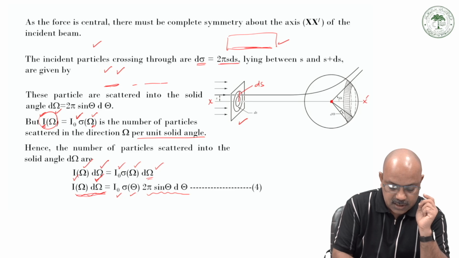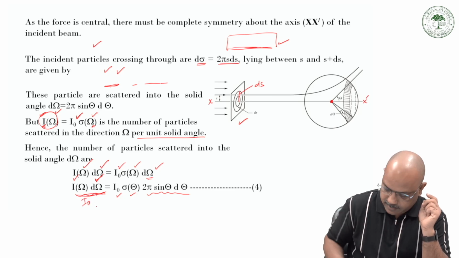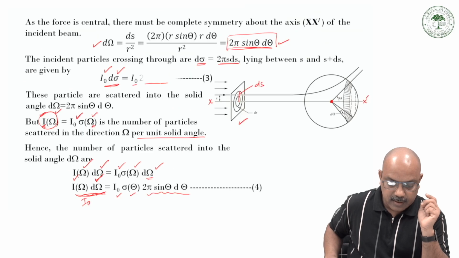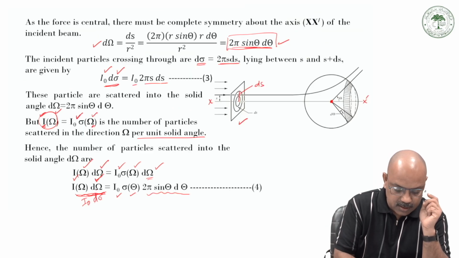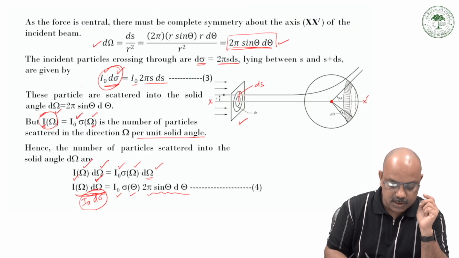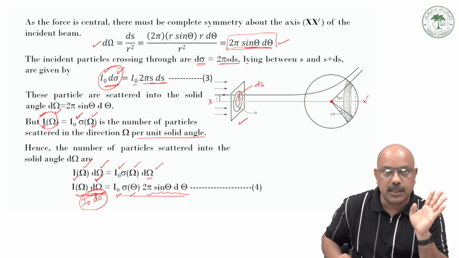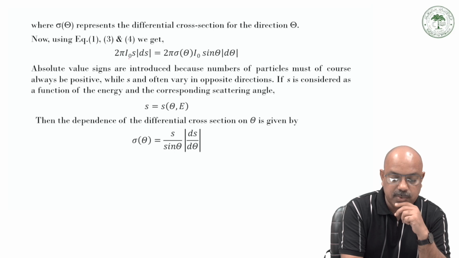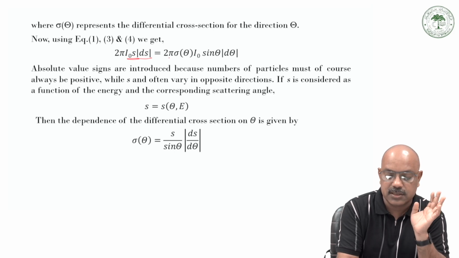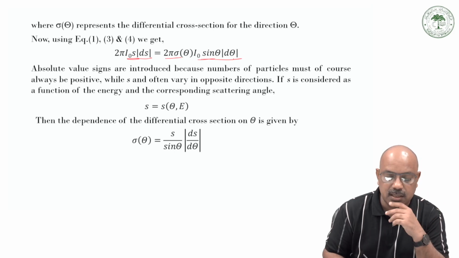So I'm going to put I naught twice pi s ds equal to this whole thing. So twice pi I naught s ds is twice pi sigma I naught sine theta d theta.